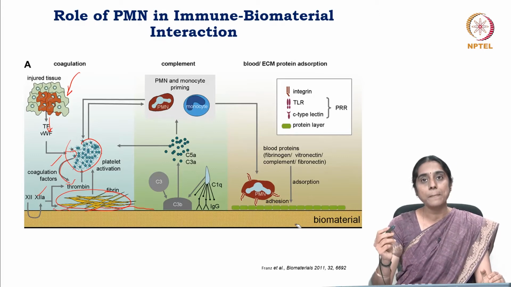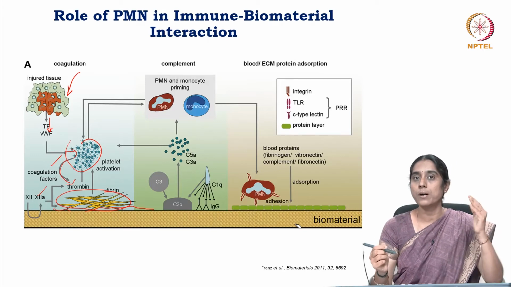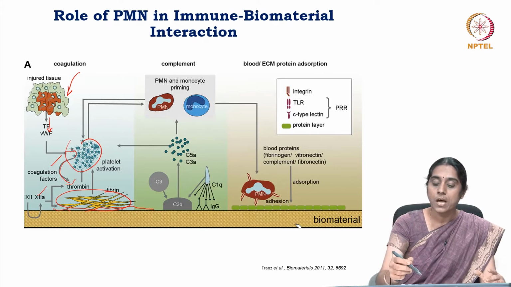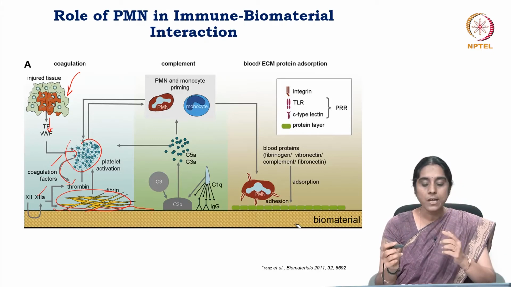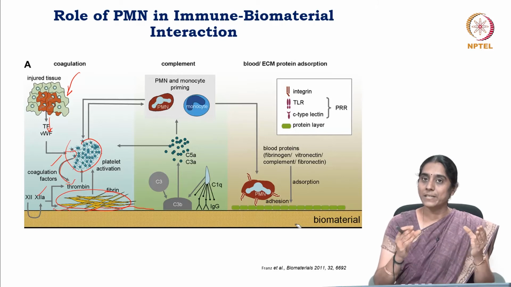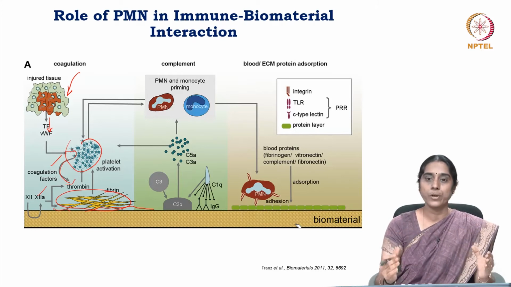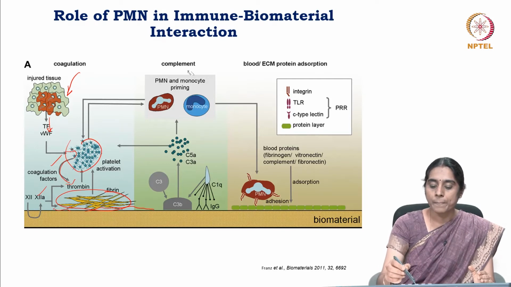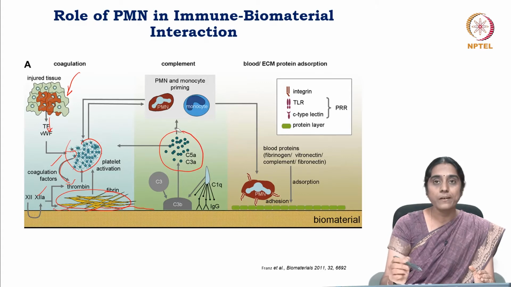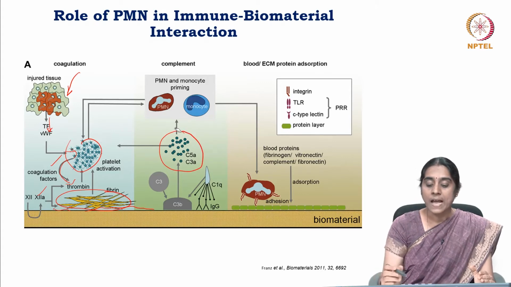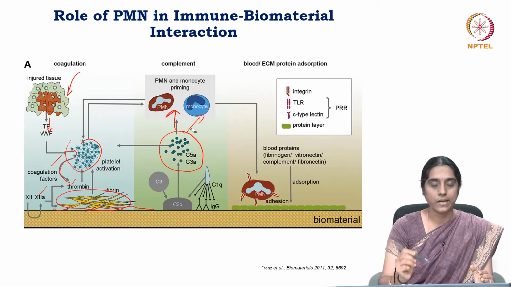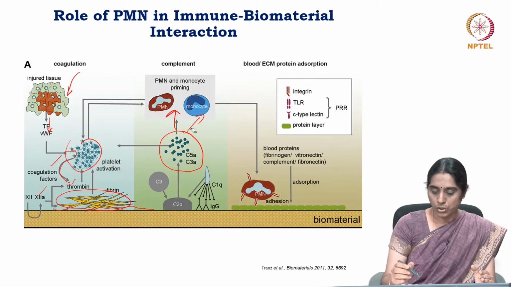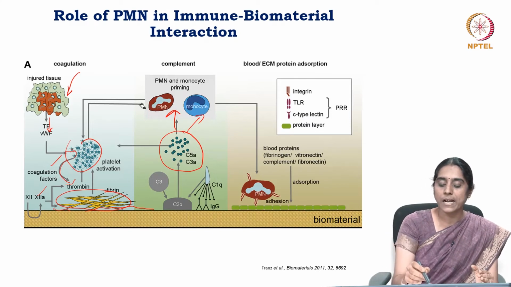The complement pathway of the immune system is also a pathway of the innate immune response. They are a set of proteins which play a role in eliminating bacteria as well as foreign antigens. These complement proteins are also activated, specifically C5a and C3a. They in turn activate neutrophils and monocytes. Not only that, these activated neutrophils further activate the platelets.